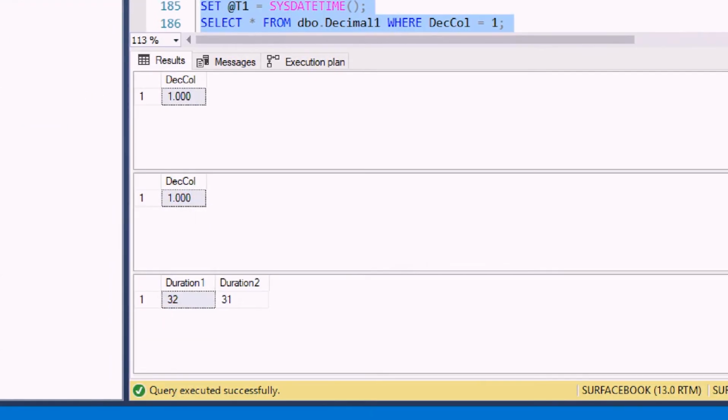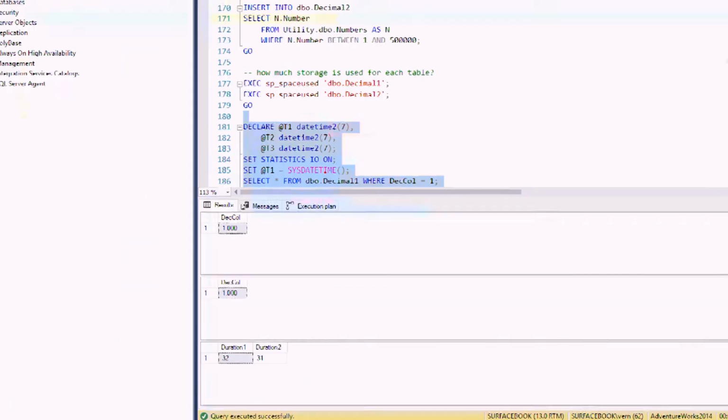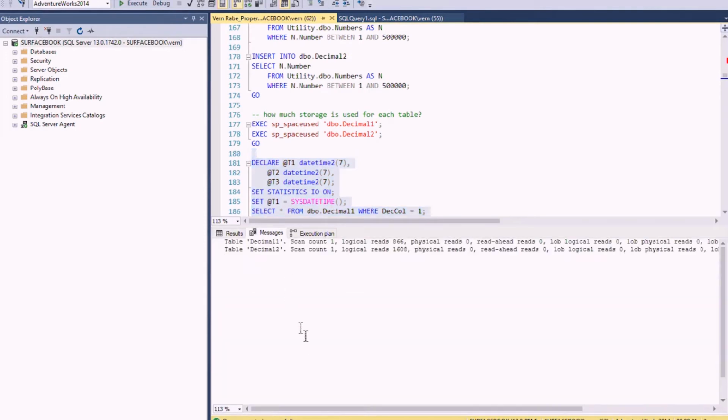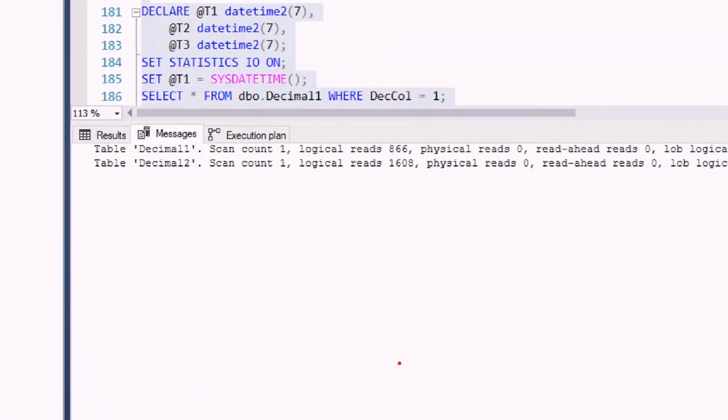first of all, down at the bottom, the duration, slight difference. Sometimes I see more significant difference than that. Often I do. This is a pretty small query. Here's an important one. By the way, set statistics IO on is a very common first step of performance tuning because among other things, it'll tell you the reads.